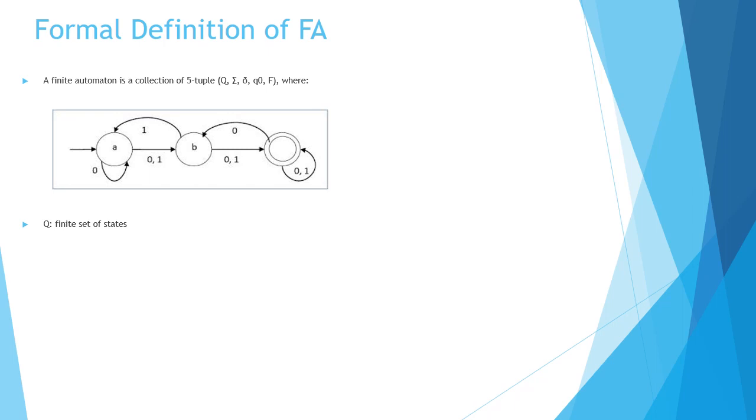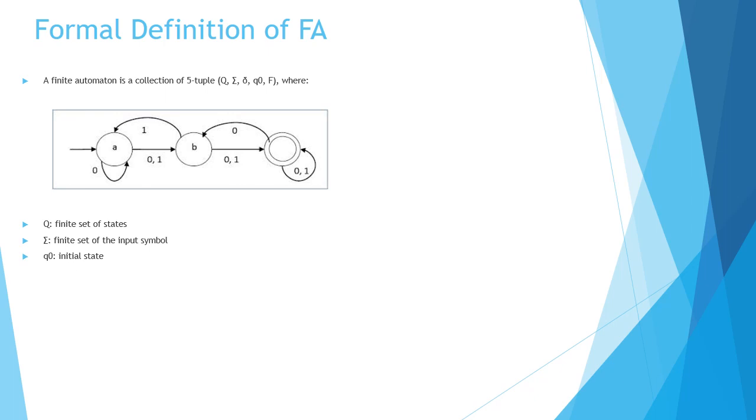We have more than one state, so we call it a set of states. Now this sigma symbol represents the finite set of input symbols. Here in this case, 0 and 1 is our set of input symbols.